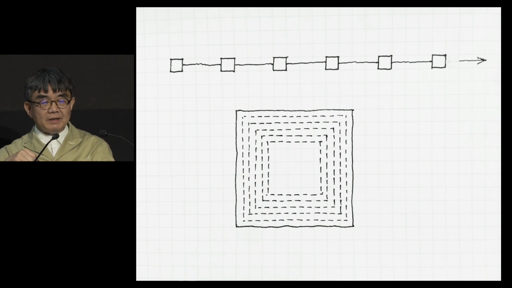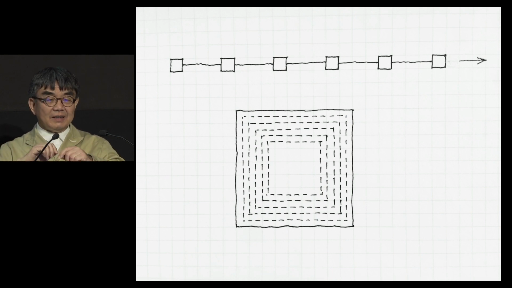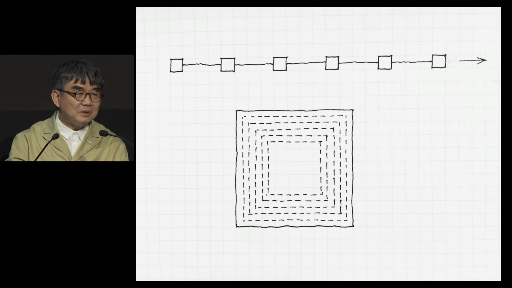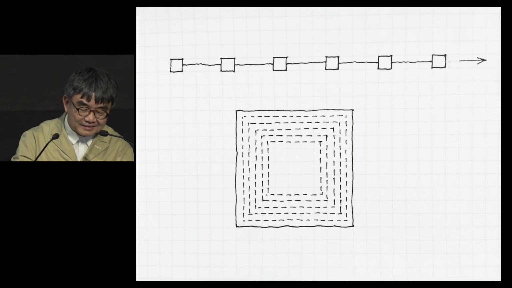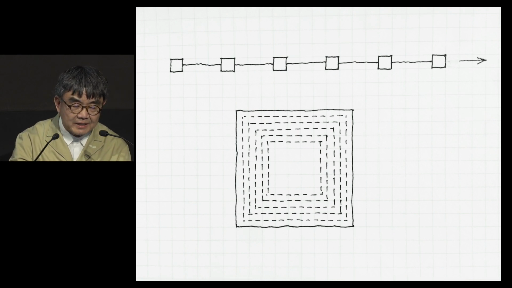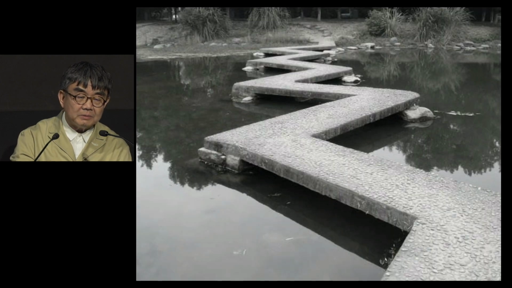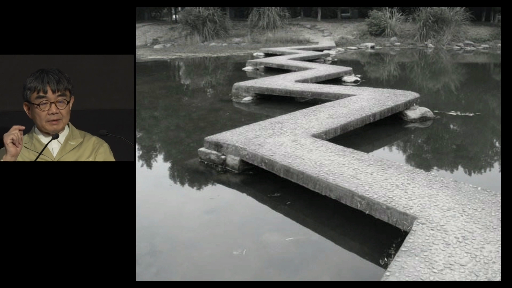The Western, the rational time, the objective time, of course, because it's the measurable time, can't actually be designed, but the subjective time is something that could be designed, such as this bridge.